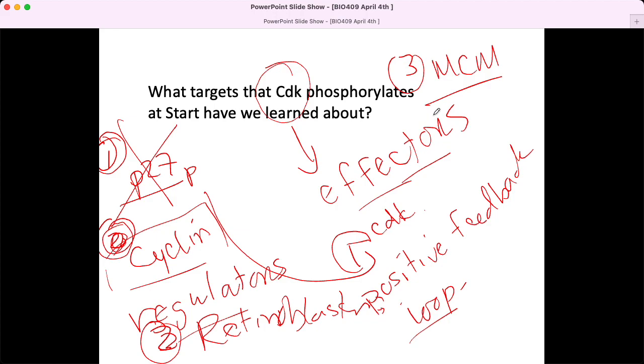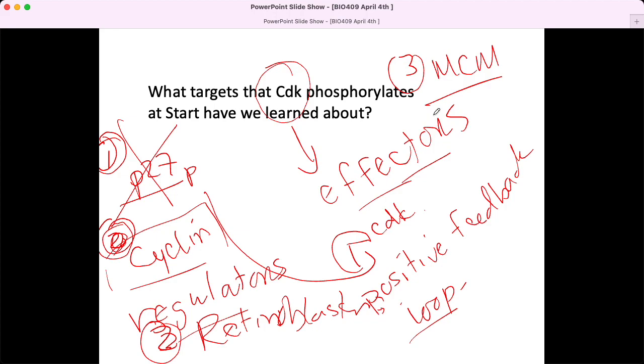Just appreciate that our list is intended to be a minimal list to demonstrate different actions that are happening. The first one, P27: we've got to get this ball rolling, so let's get some more of our team out on the field. There are some CDKs that still have inhibitory P27 bound to them. Let's phosphorylate P27 and get that out of the way.